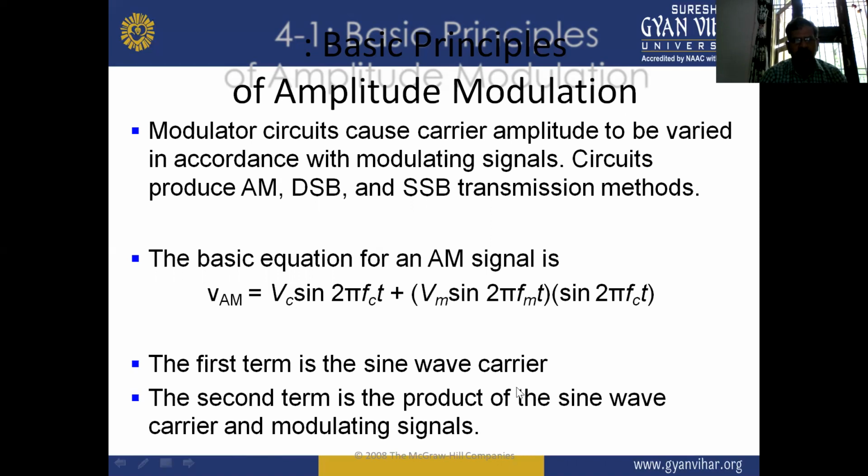The second term is the product of the carrier and modulating signal: Vm sine 2 pi fmt is the modulating signal, and sine 2 pi fct is the carrier signal.